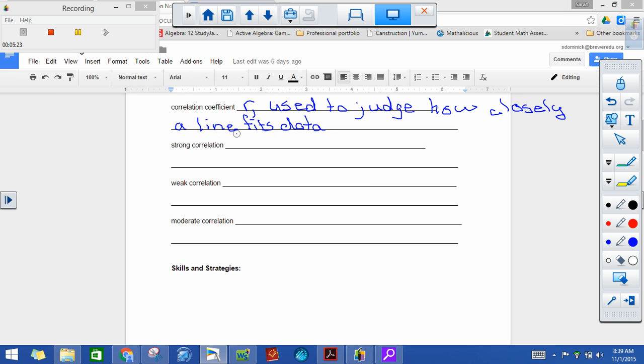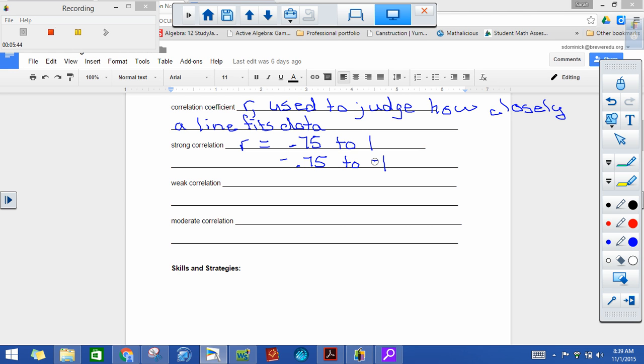Okay? So a strong correlation, you're going to have R values that go from 0.75 to 1, or negative 0.75 to negative 1. Positive and negative correlations just talk about if the data moves in the same direction or not.